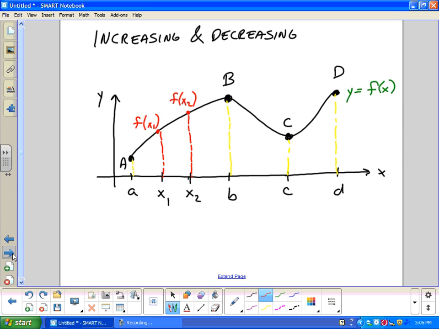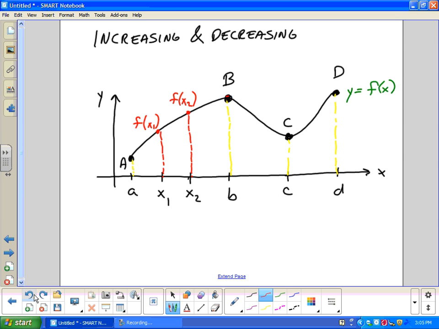So you notice I put in some points, A, B, C, and D. And what I want to talk about is as you go from little a to little b along the x-axis, you'll see that the curve is going increasingly higher. That's called an increasing function. And then from B to C, as we go B to C, it's getting bigger as you go here. But what's happening to the value of the output? It's getting smaller.